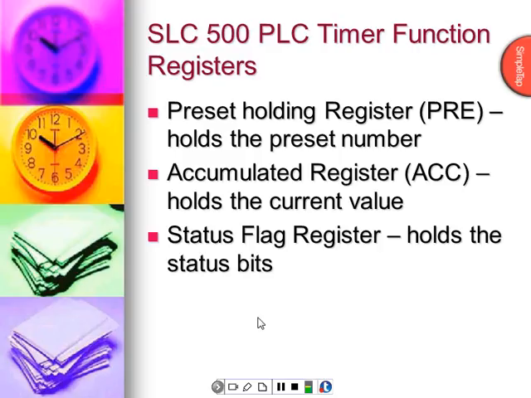So let's say that I've got a 15-second timer and I've made it to 10 seconds and I want to know how far I've made it. Well, I would look in the accumulator register to know I only have 5 seconds more before it does whatever. And in seconds, that's not such a big deal.